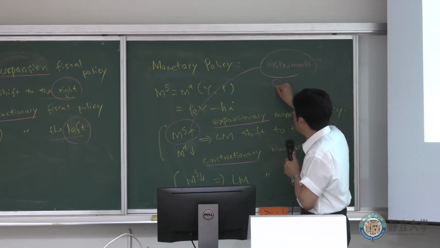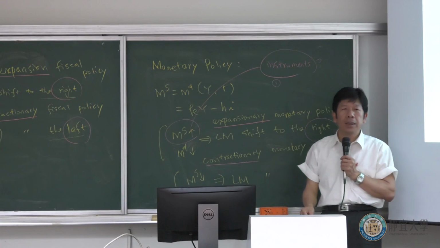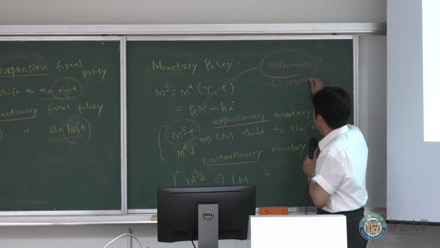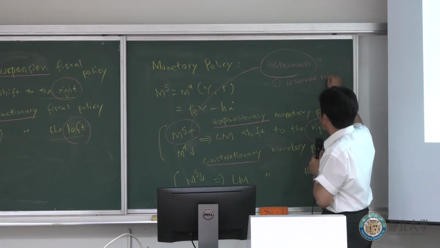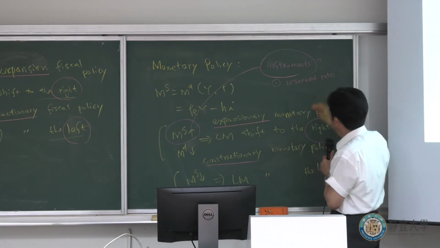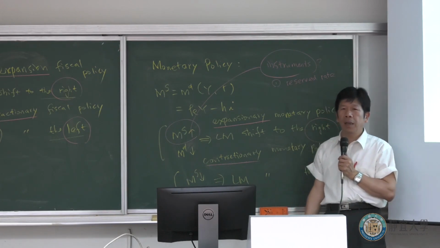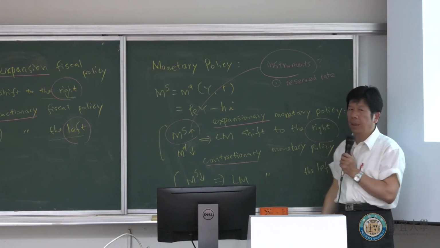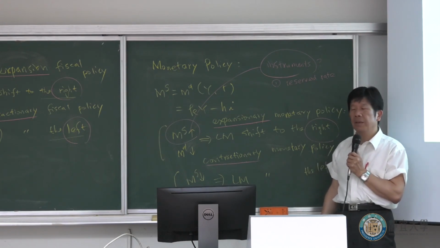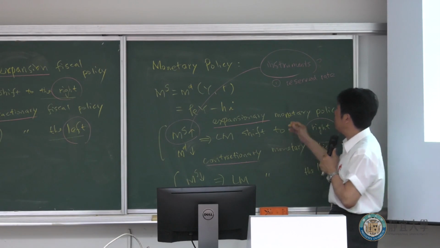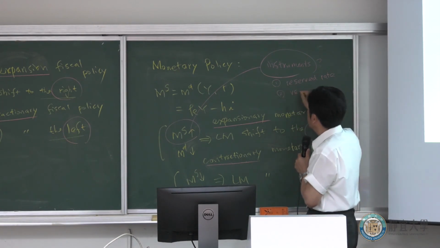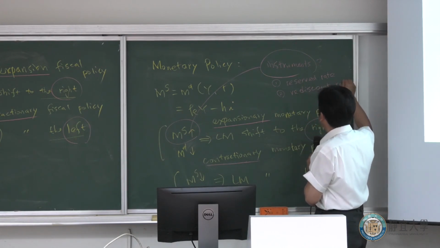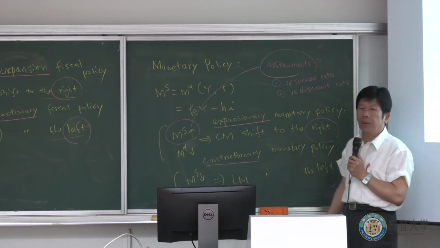For example, first, they can change the reserve rate. The government can let the reserve rate increase or decrease, and the other is the discount rate, how to change it.